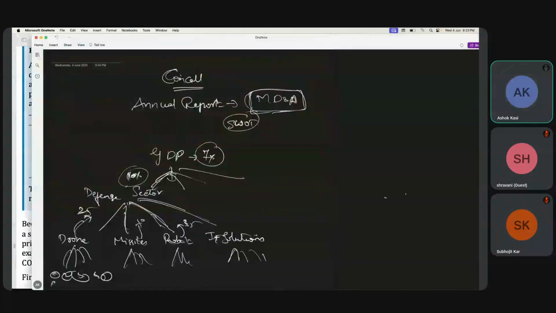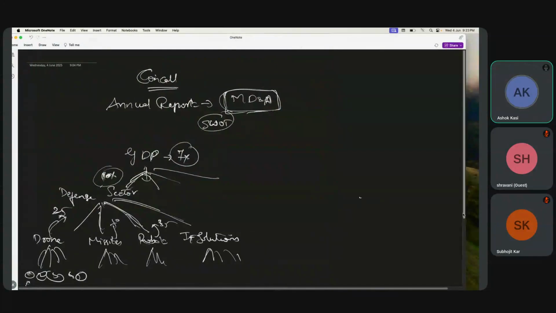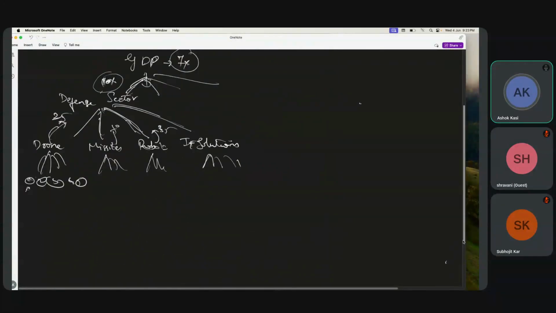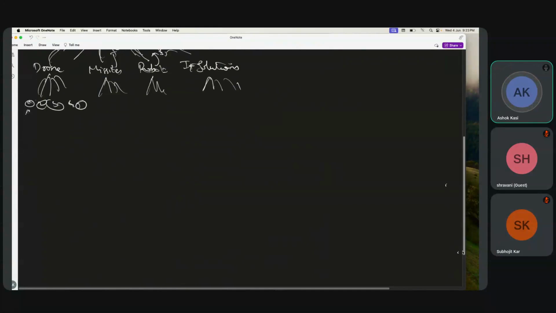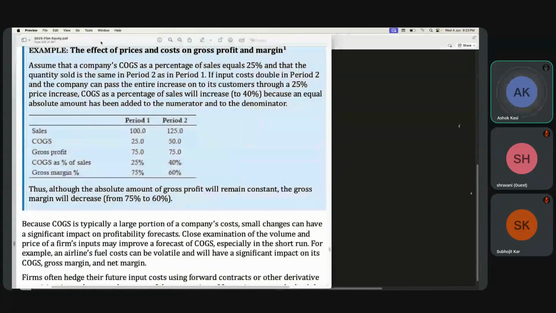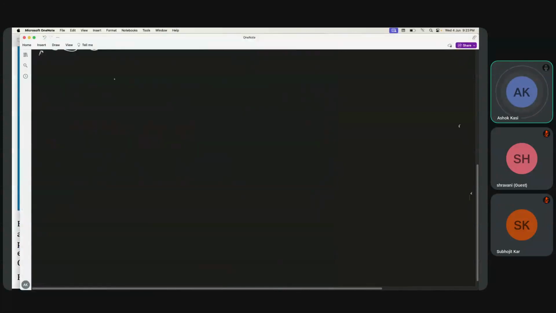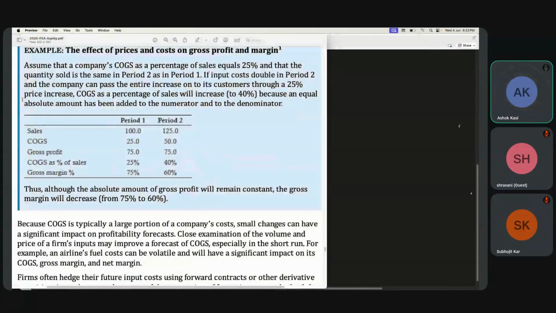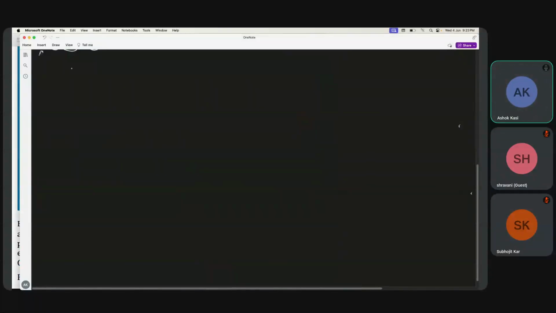That means if cost of goods sold is 25 percent, cost of goods sold, sales, cost of goods sold, gross profit.